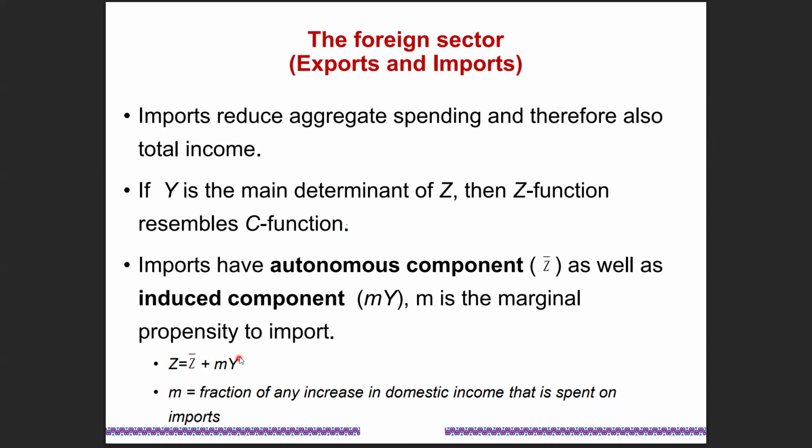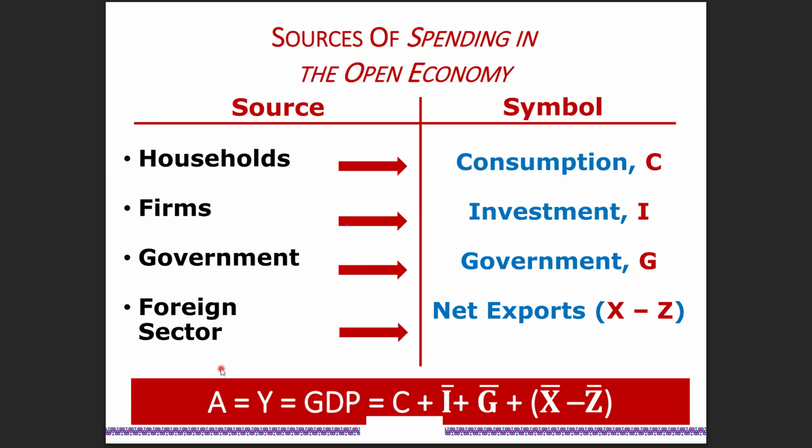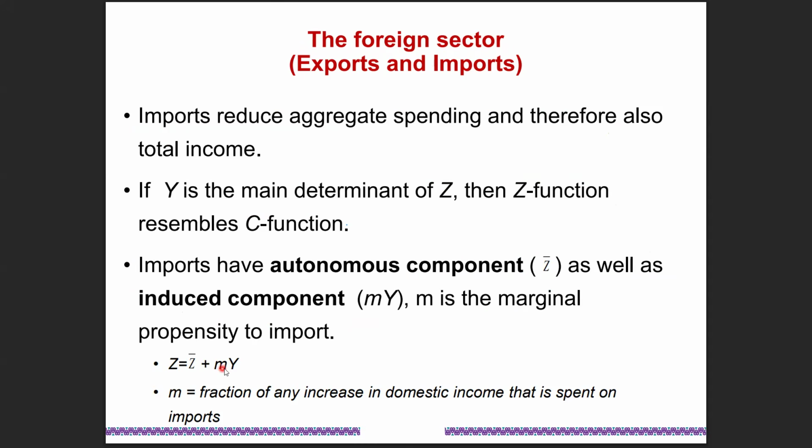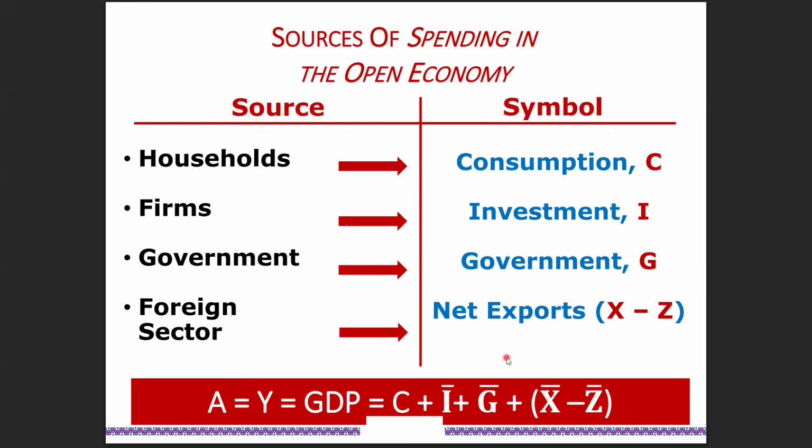So with every 1 rand increase in income, this is how much of that increase will be spent on imports. Let's say M was 0.2. This means that with every 1 rand increase in income, 0.2 of that increase will be spent on imports, right?